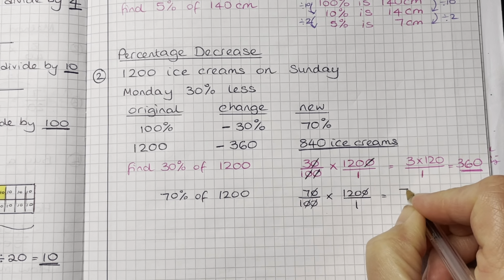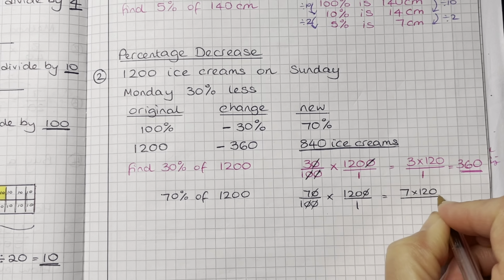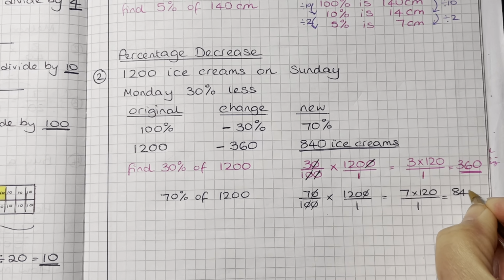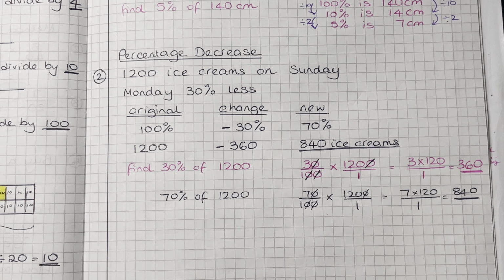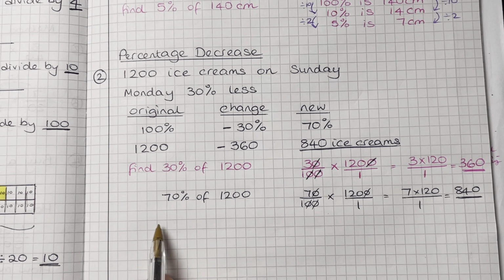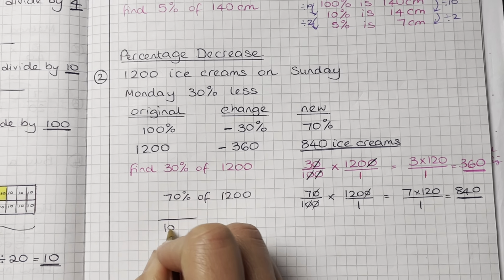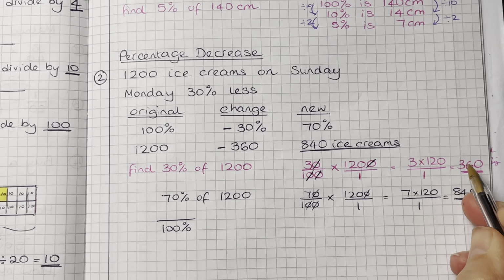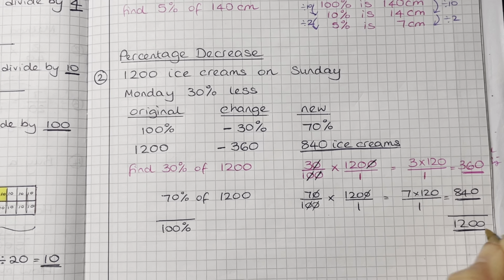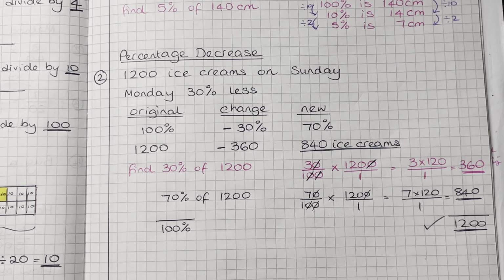I'm left with 7 lots of 120 over 1. 7 12s are 84, so that's 840 over 1, 840. So I can check. I know that 30% plus 70% is going to give me 100%. And 360 plus 840 gives me my 1200. So I've checked my own work and I know I've got the correct answer.